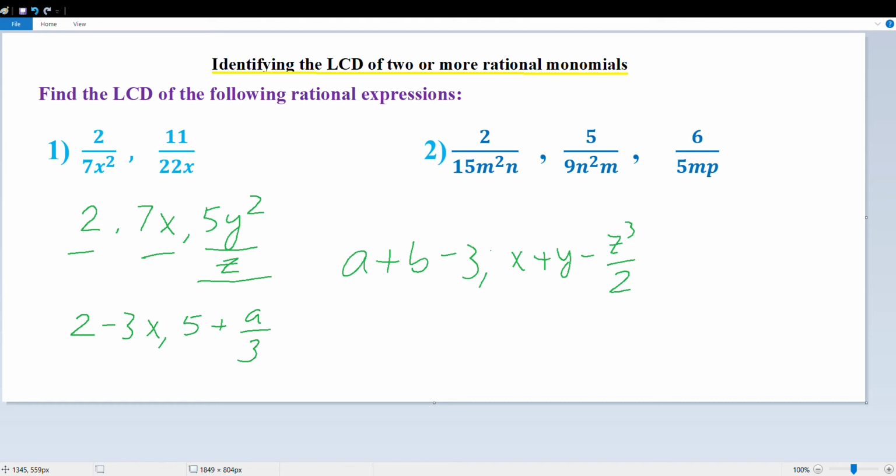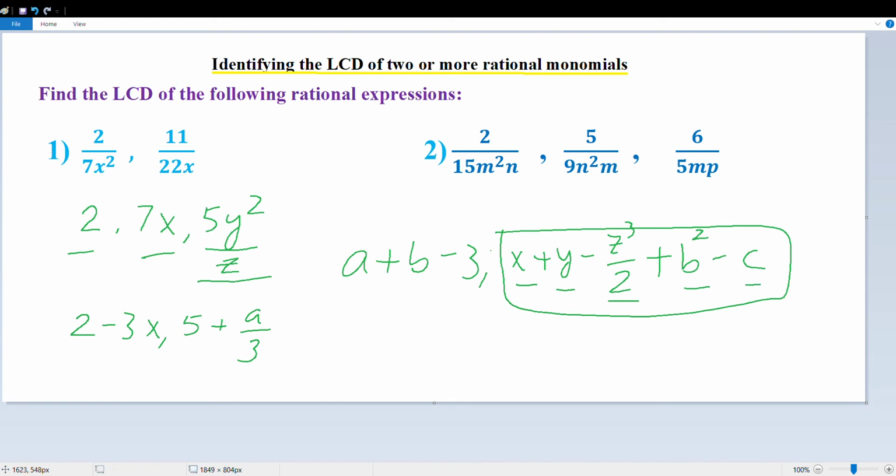If we have more than three terms in an algebraic expression, then the polynomial is called a polynomial in n terms. For example, let's say if we had here plus b squared minus c. So here in this new polynomial, we have 1, 2, 3, 4, 5 terms.